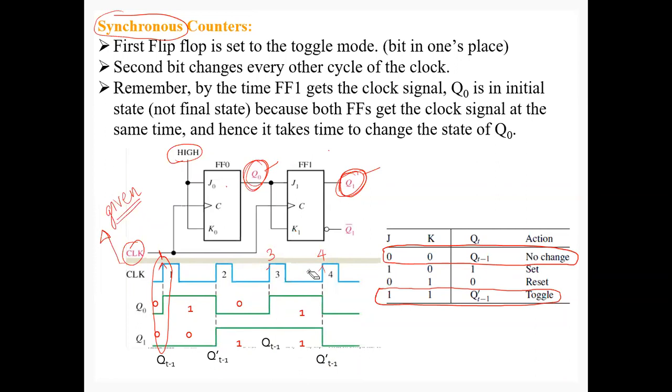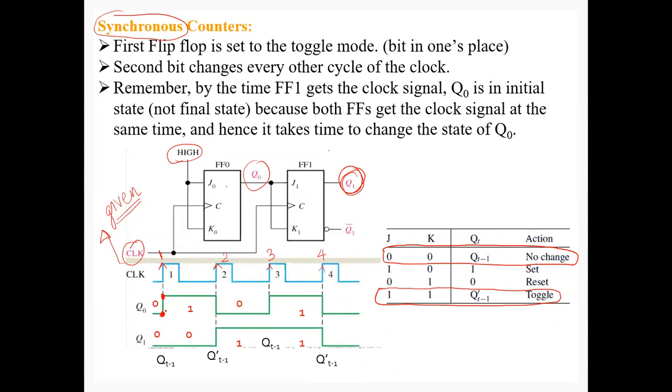Okay. Now can you help me here? So this Q1, the output for this flip-flop, this output is based on Q0, right? Now, when the transition occurs, there are two Q0 values. One is 0, the other is 1. See, during the transition, one is 0, the other is 1.